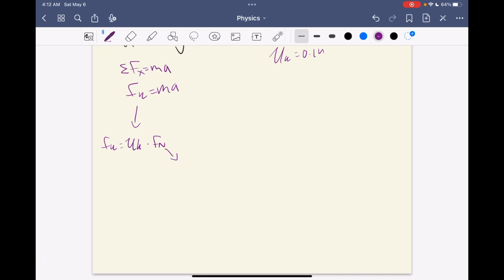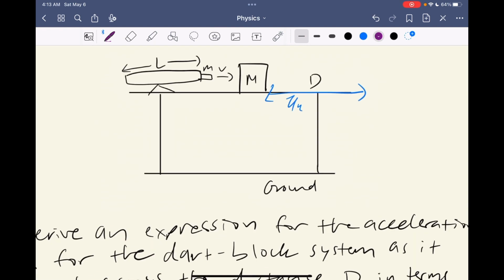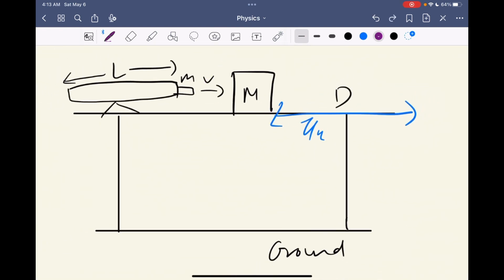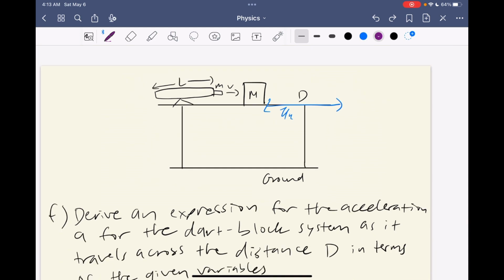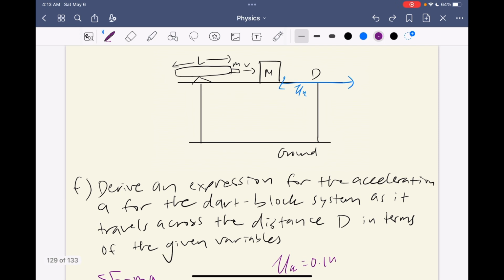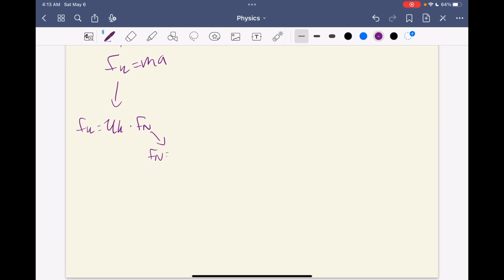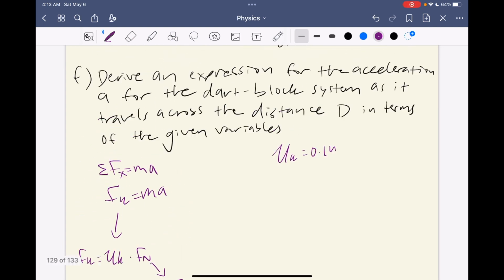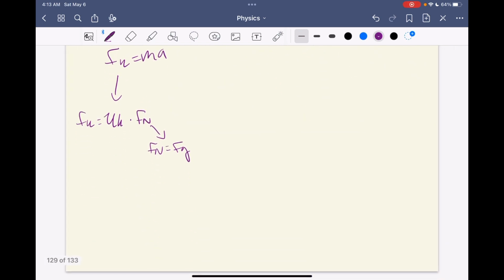To find Fn, we need to consider the forces on the block. Since there are no other outside forces acting on it, that means Fn would equal Fg. So you can see the force Fn is equal to Fg.